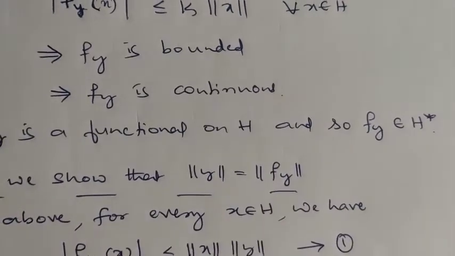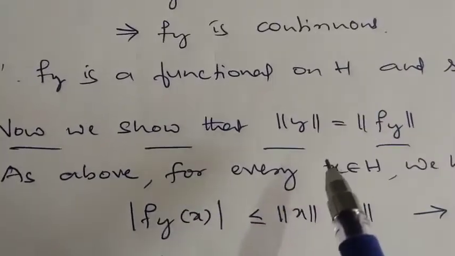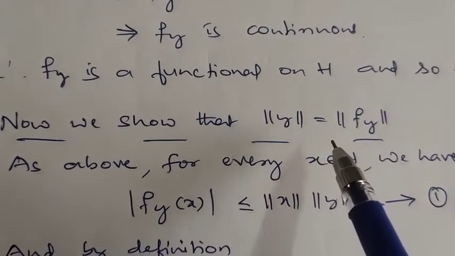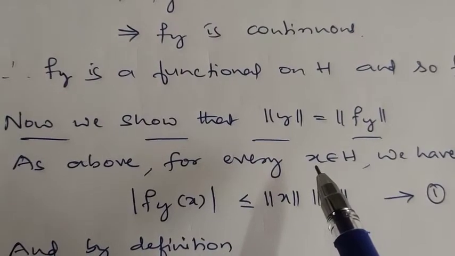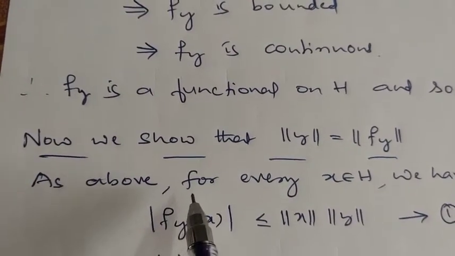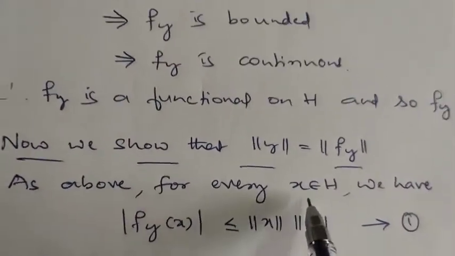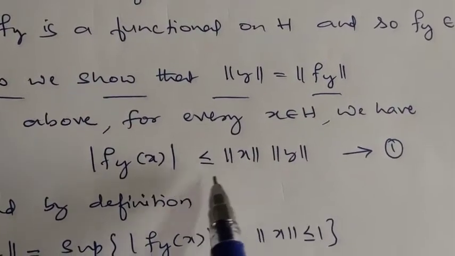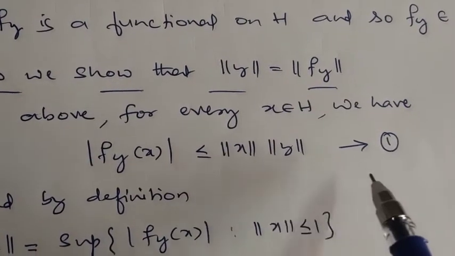Next we show that norm of y is the same as norm of Fy. This result is very important to prove our required result. As above, for every x in H we have absolute value of Fy of x less than or equal to norm of x into norm of y.